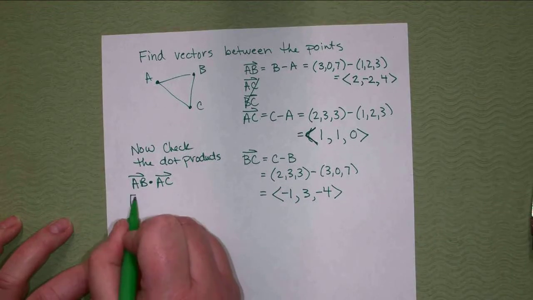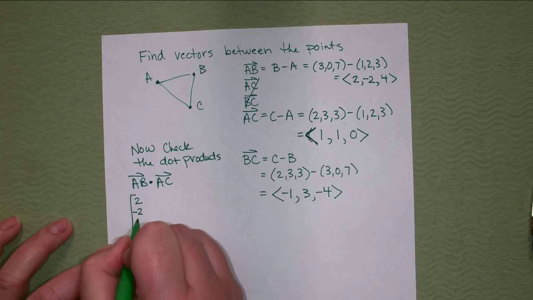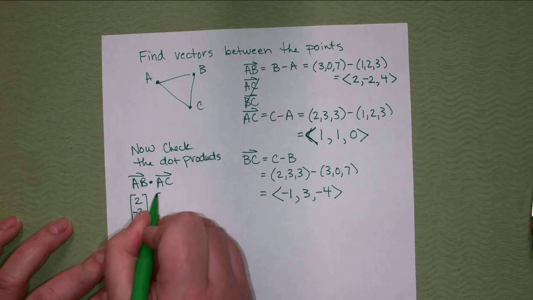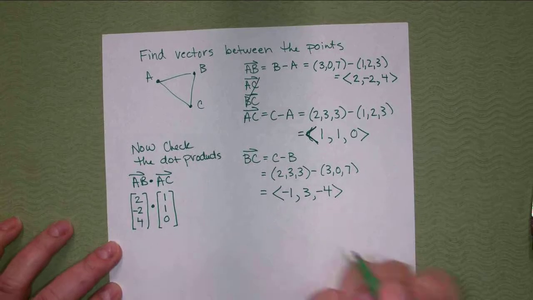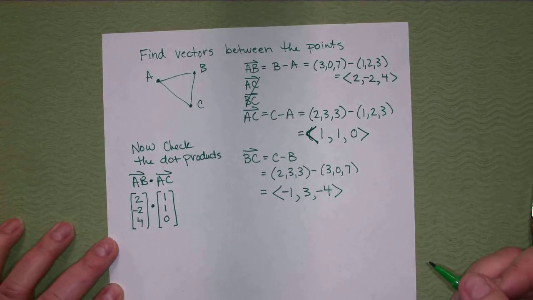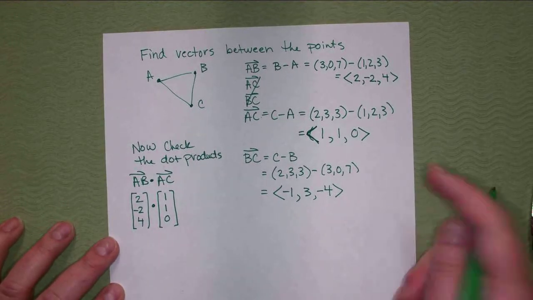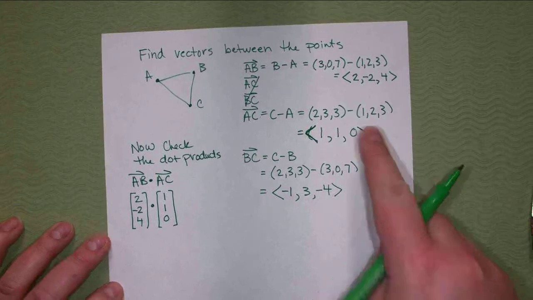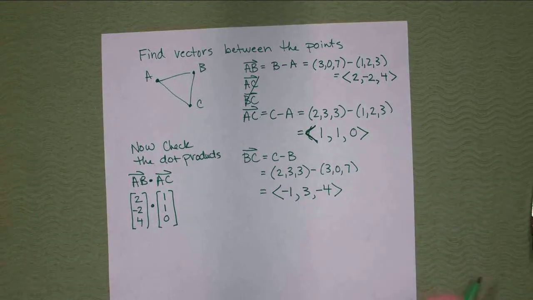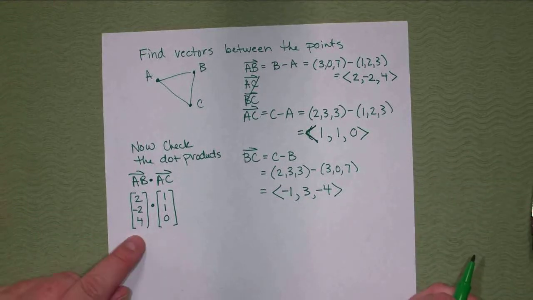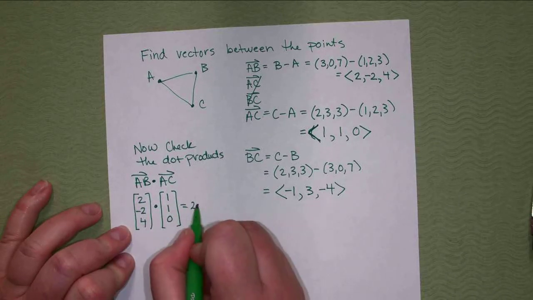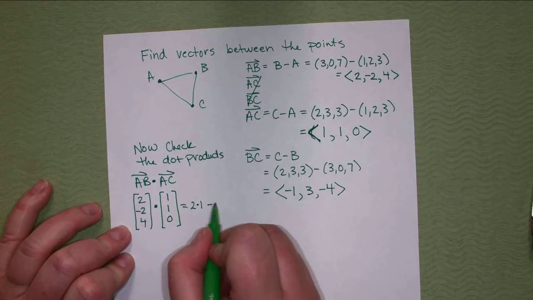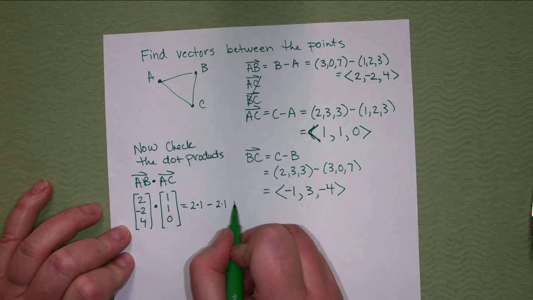I like writing them up and down when I do the dot product, because then it shows the numbers lined up. Right, because you can switch between the two forms. This is like a better form for typing, right? It's harder to type like this. So this would be 2 times 1 minus 2 times 1 and plus 4 times 0.